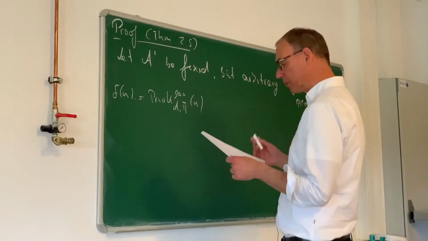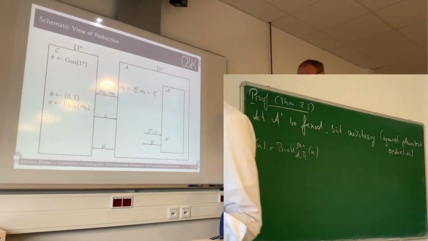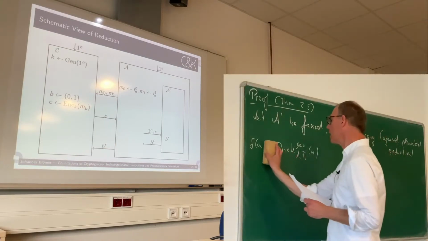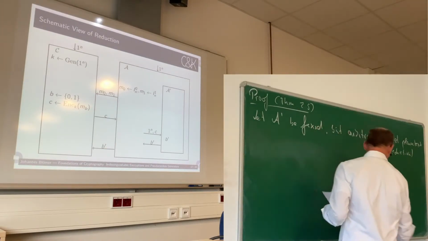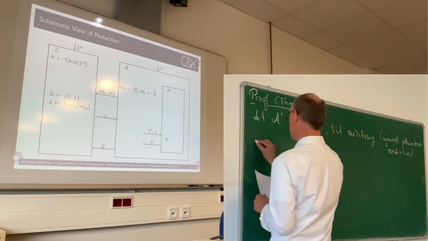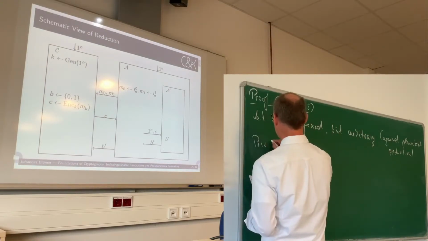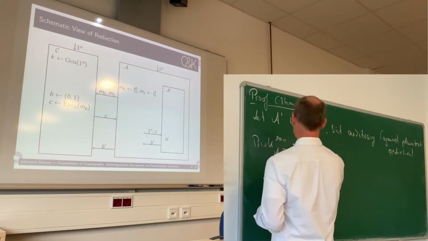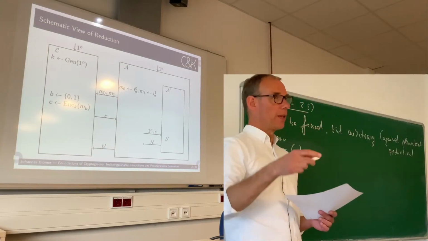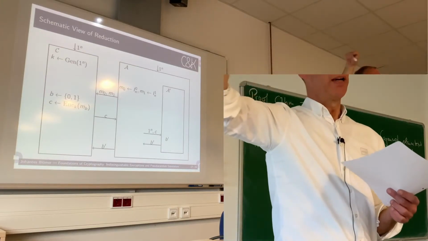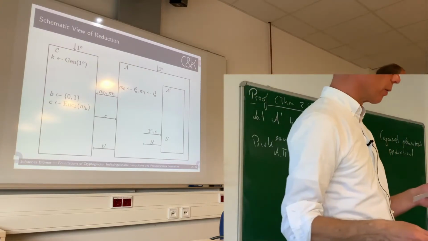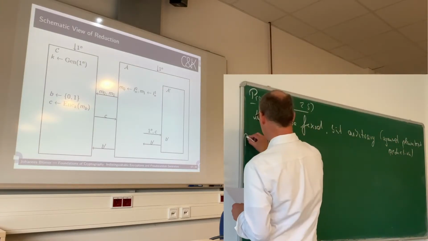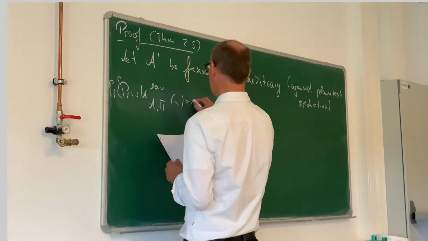I will do it slightly differently because I will directly look at this random variable. And then on both sides I will subtract 1/2. We'll see that all things work out. And I look at the probability that this is 1.